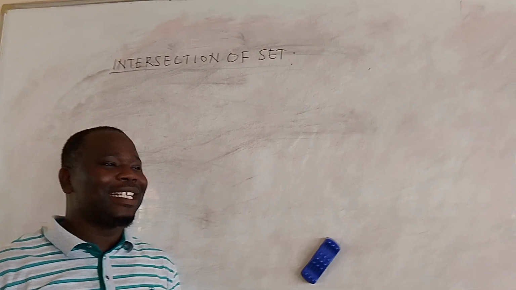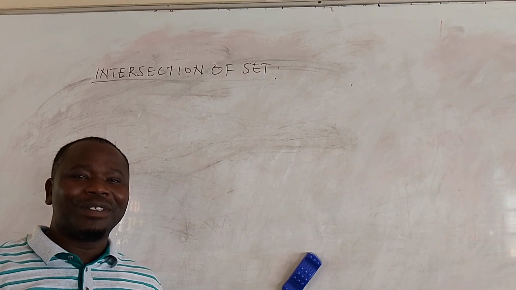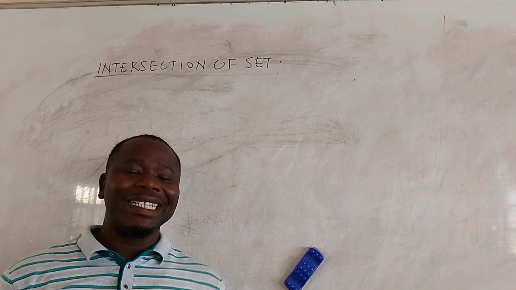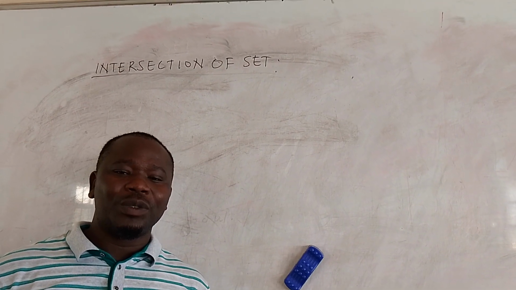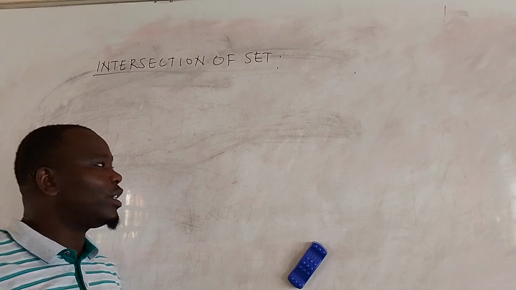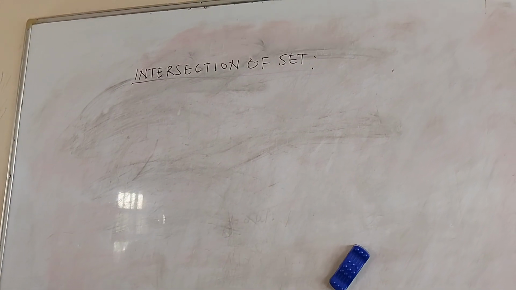So it implies that that is an intersection of sets. The intersection between Victor and John is Esther. Okay.